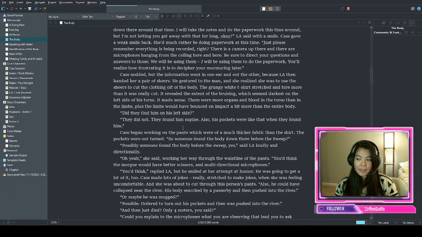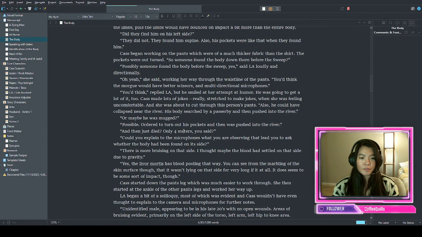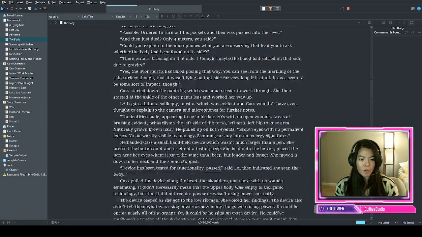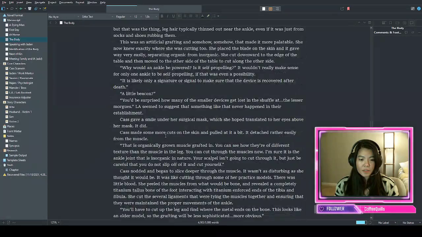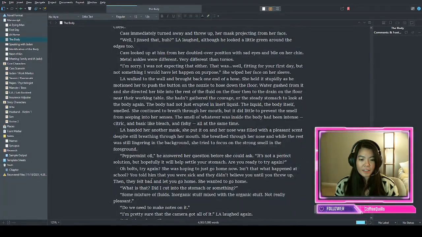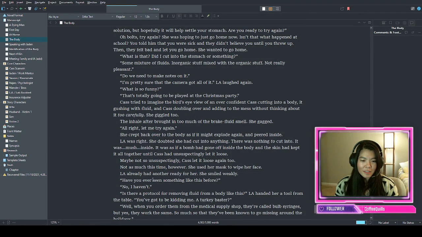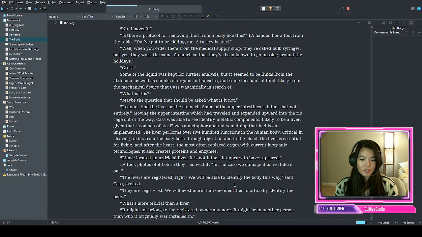I just want to go ahead and get this sort of where everything needs to be. Let's see. She cuts off an ankle. Liver. The livers are registered. Perfect.